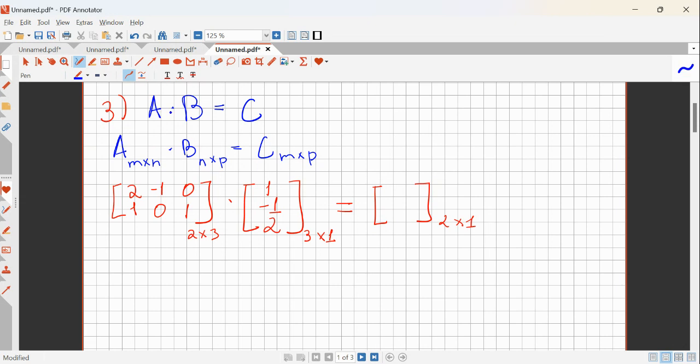One more thing, which is very important. X11, X12, X21, X22. Let's just take some sample of our example.